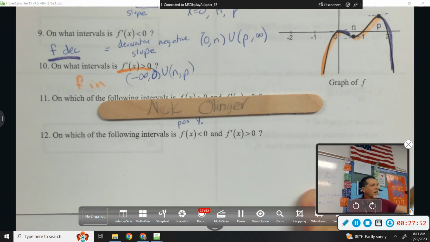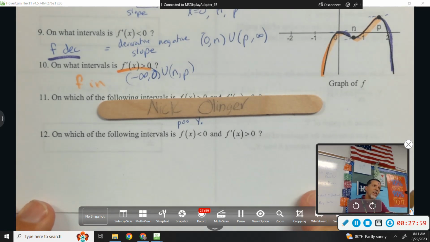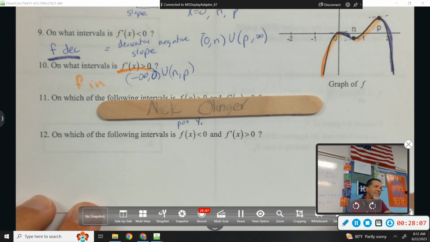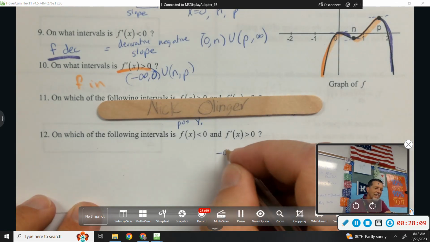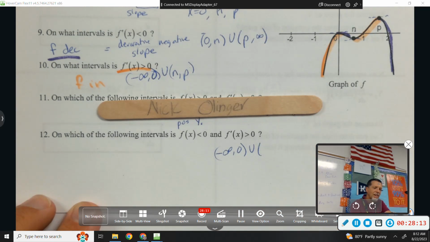And that will put everybody back on the draw side for tomorrow. So Nick, give me an interval where y's are negative, but the slope is positive.